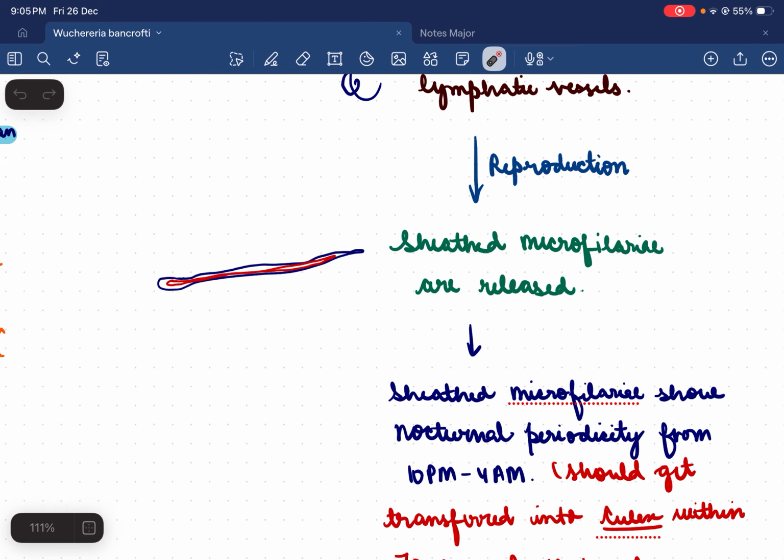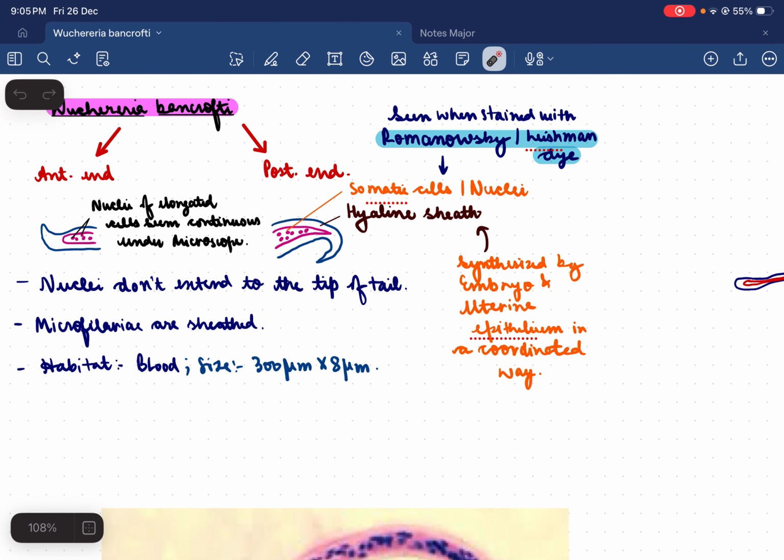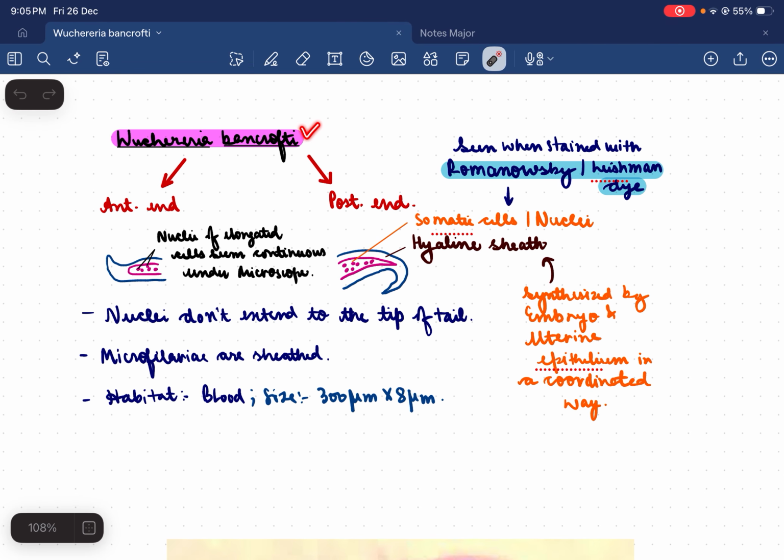Let's understand this better with the help of a diagram. So, Wuchereria bancrofti microfilaria is going to have an anterior end and a posterior end. The anterior end has a pink part, which is the microfilaria, and a blue part, which is the sheath. This pink part, as you can see, has little dot-like structures, which are called nuclei.